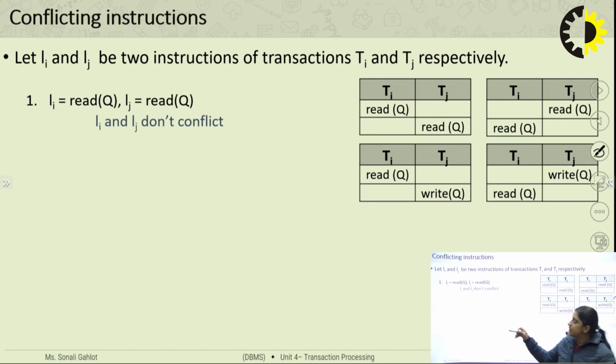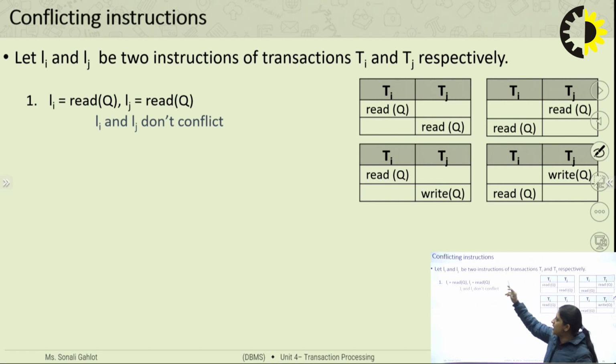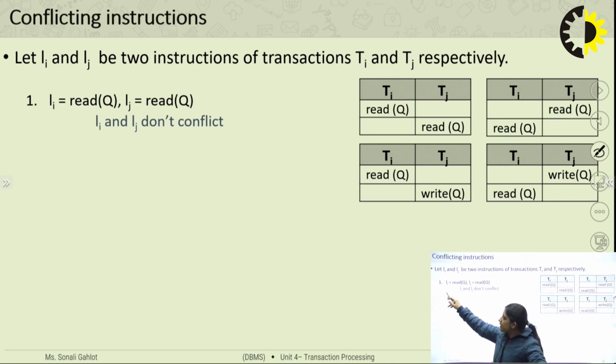Suppose in transaction Ti the instruction Ii reads Q and Ij reads Q. Then Ii and Ij don't conflict, because at the same time two instructions can read the same value.